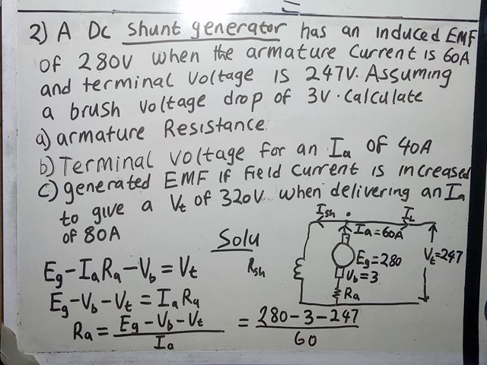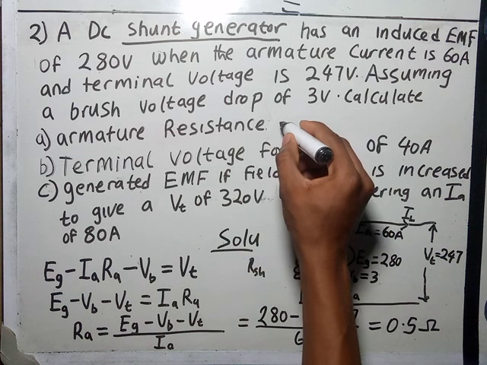So with your calculator, input 280 minus 3 minus 247 divided by 60. We'll be having 0.5 ohms. That is the value of our armature resistance. So we have gotten the first one to be what?